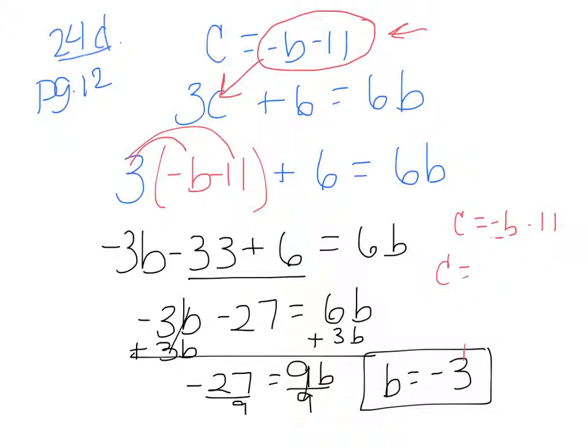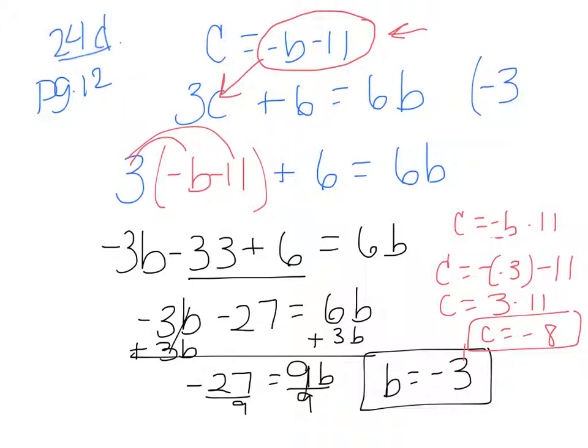C is now equal to negative times negative 3 minus 11. So that is positive 3 minus 11, which will give us a negative 8. So c is negative 8 and b is negative 3. So now when we go to write this as an ordered pair, we'll have negative 3, comma, negative 8 as our point.